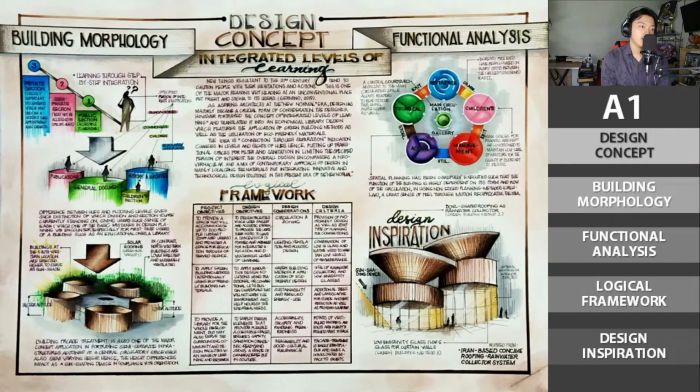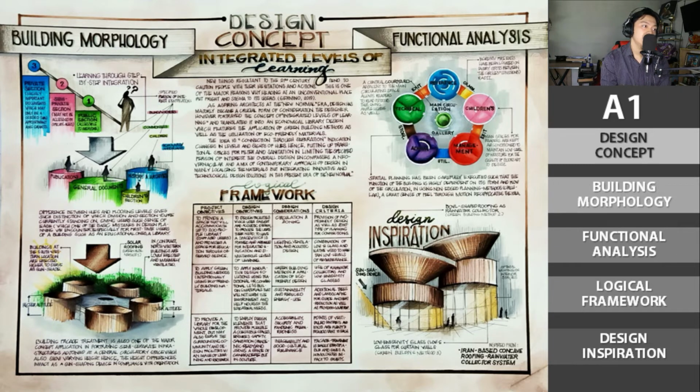And so I came up with integrated levels of learning, from the word integration, which is a part of the whole. We know that a library has a lot of divisions and spaces, but I still wanted to have that impression of a singular structure or entity.